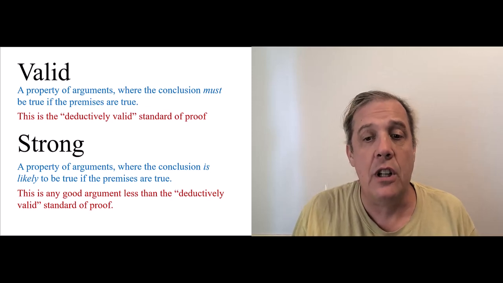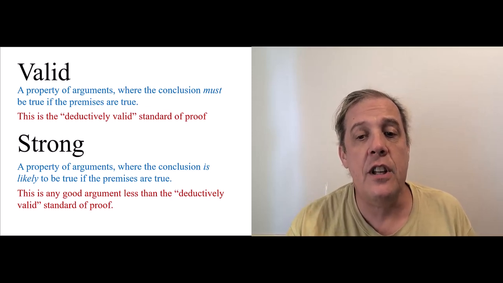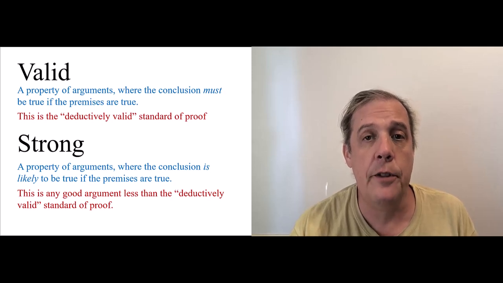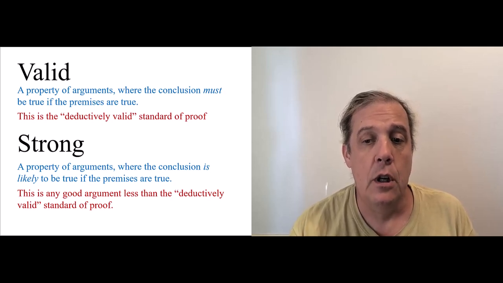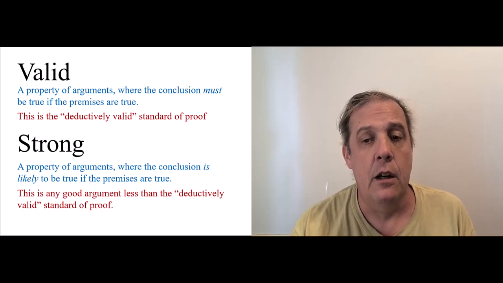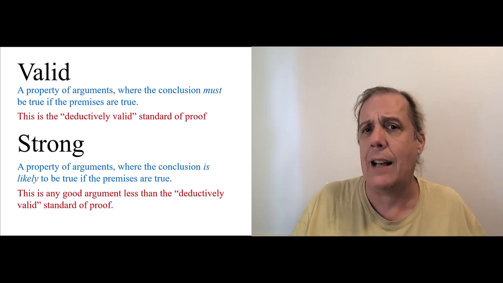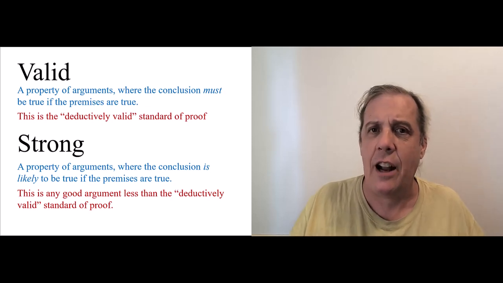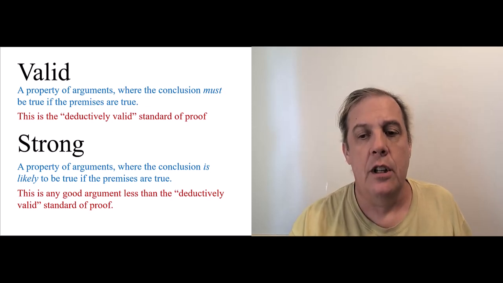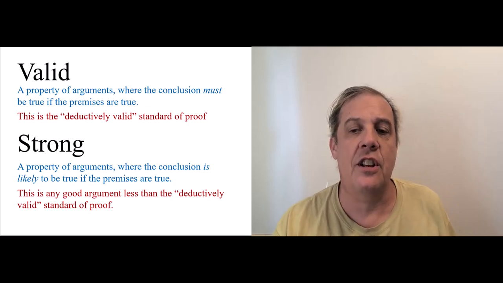Well, that depends on context. For instance, in the United States, in a criminal case like murder, you have to prove things beyond a reasonable doubt. Beyond a reasonable doubt is slightly less than validity. Validity is beyond any possible doubt, beyond a shadow of a doubt, they say. Beyond a reasonable doubt is about as close as you can get.